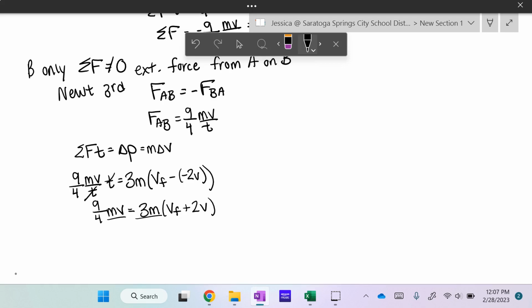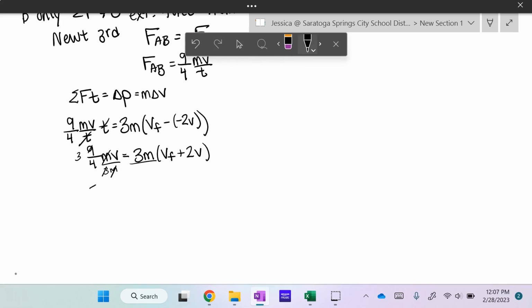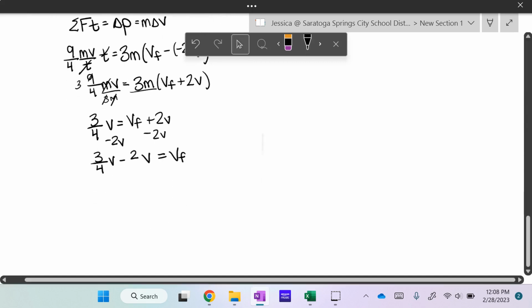So I'm going to divide both sides by 3m to get rid of that. So an m cancels, and then the 9 simplifies. So 3/4 v equals V final plus 2v. So I'm going to subtract 2v from both sides. Now I get into some fun fractions, because remember, when we're combining fractions, we need common denominators.